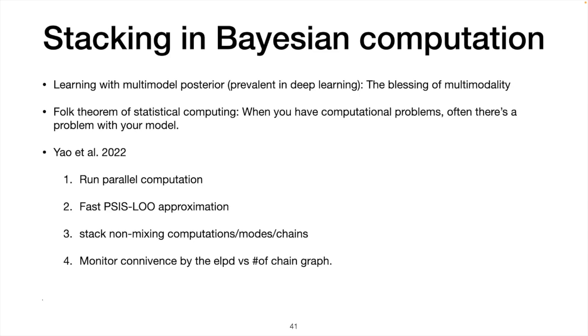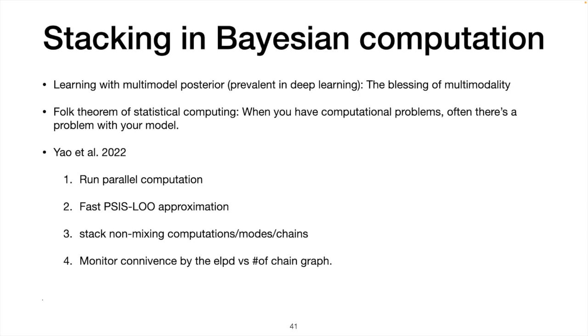So one practical solution to this multimodal sampling challenge is that instead of jumping between the modes, we just run parallel inference and sample many modes, not necessarily all the modes, but as many modes as possible. And then you run fast leave-one-out cross-validation on each mode to evaluate how good each mode is in terms of predictive metric.